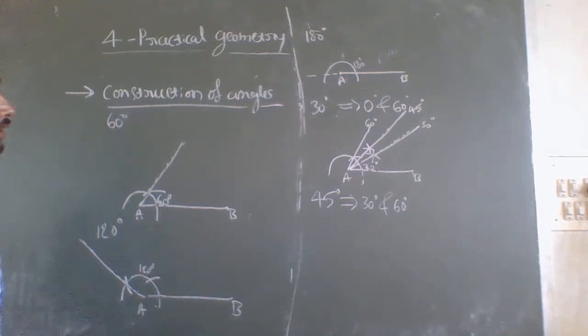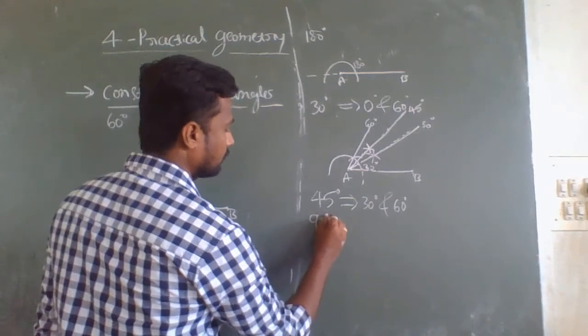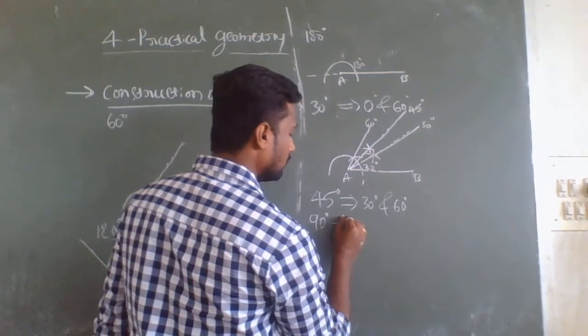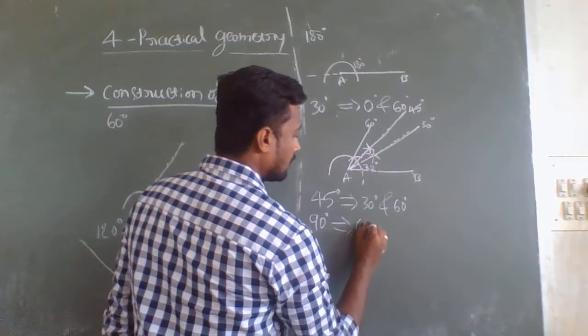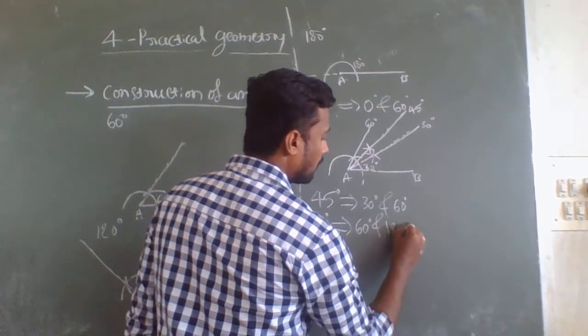Okay, and next one 90 degree. 90 degree means it is the angle between 60 degree and 120 degree.